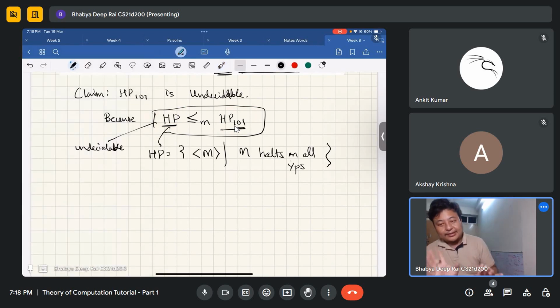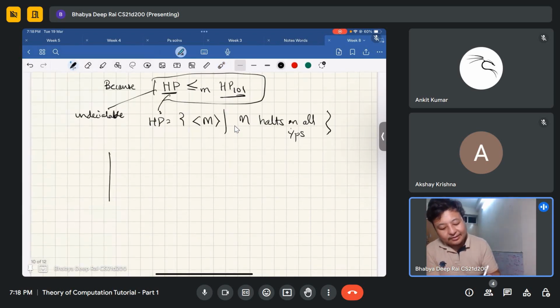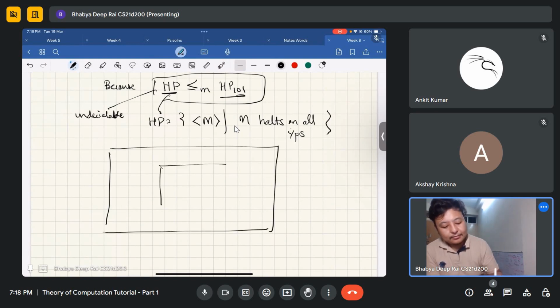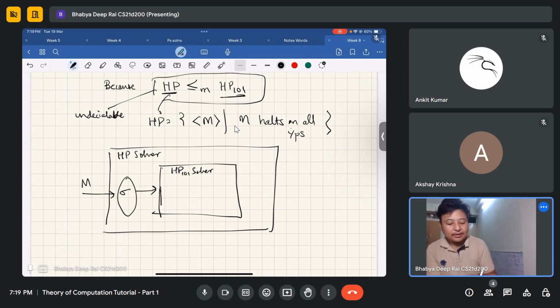So here is the reduction. Let's look at the box diagram once again. I want to make an HP solver using an HP101 solver. Input to HP101 is a machine, and input to HP is also a machine. So the input to HP101 is sigma of x, which, because it is a machine, I'll call M prime.